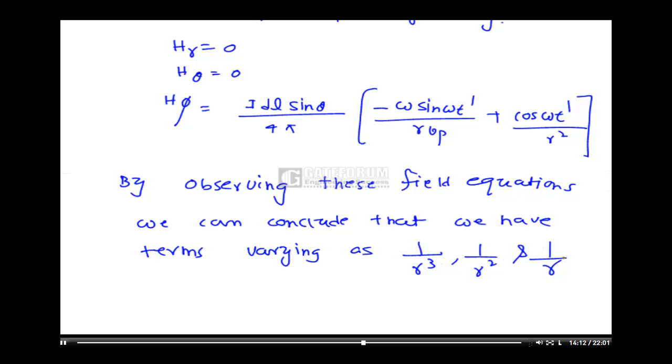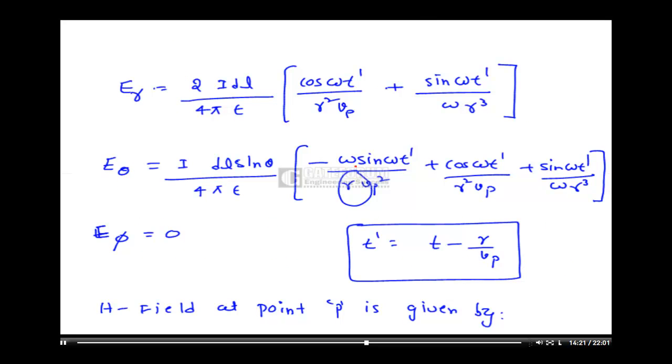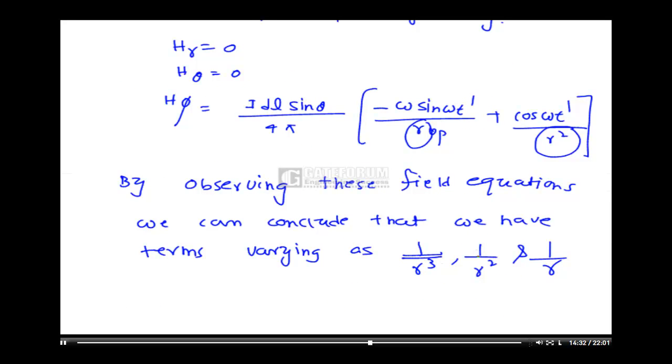If you observe this term, it is varying with respect to 1 by r, this one 1 by r square, and this one 1 by r cube. So we have terms varying with respect to 1 by r cube, 1 by r square, and 1 by r. So these terms are important. What is the term varying with respect to r cube? What is the term varying with respect to r square? What is the term varying with respect to r?